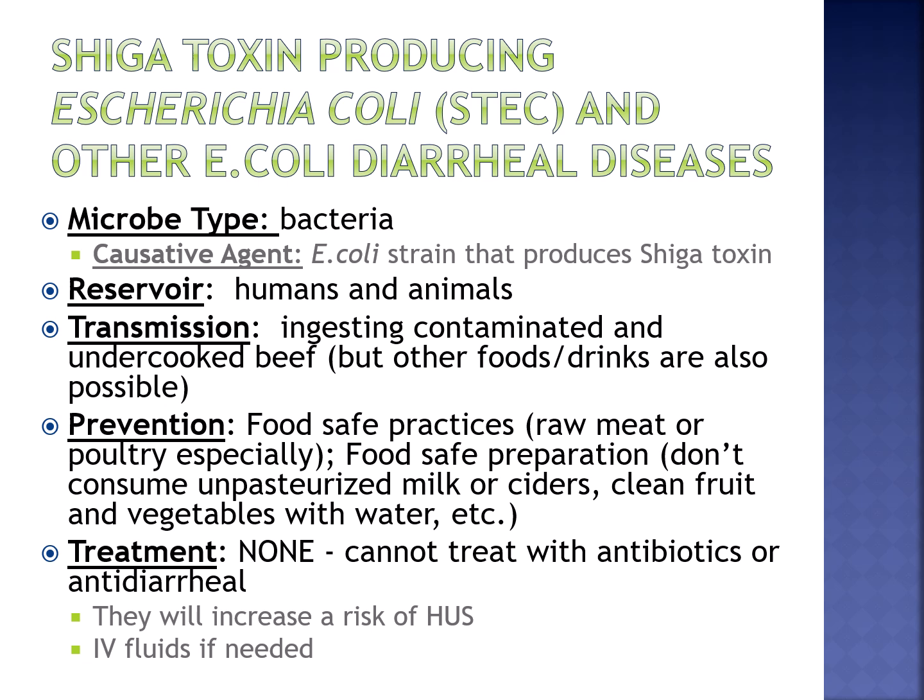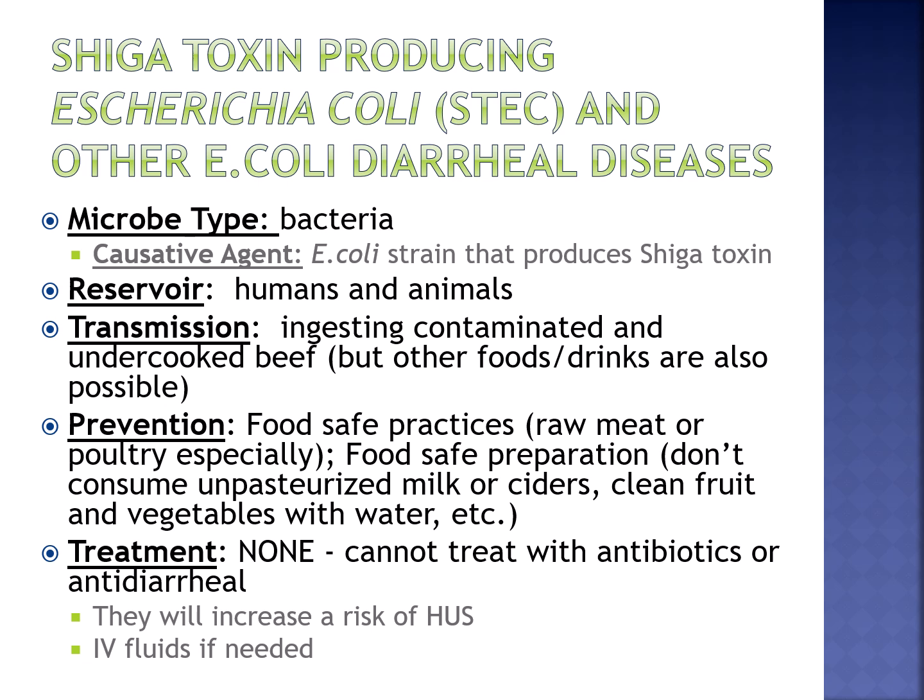This is a different strain of E. coli that produces the Shiga toxin. That is the problem. This guy is an issue. So it is a bacteria. It's a strain of E. coli, but specifically, and know this, it produces the Shiga toxin, and the toxin is the issue. The reservoir is humans and animals.